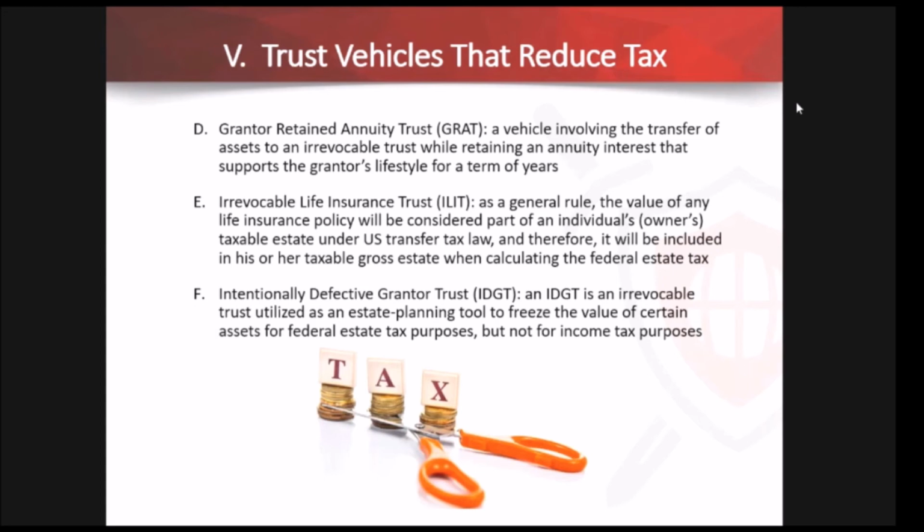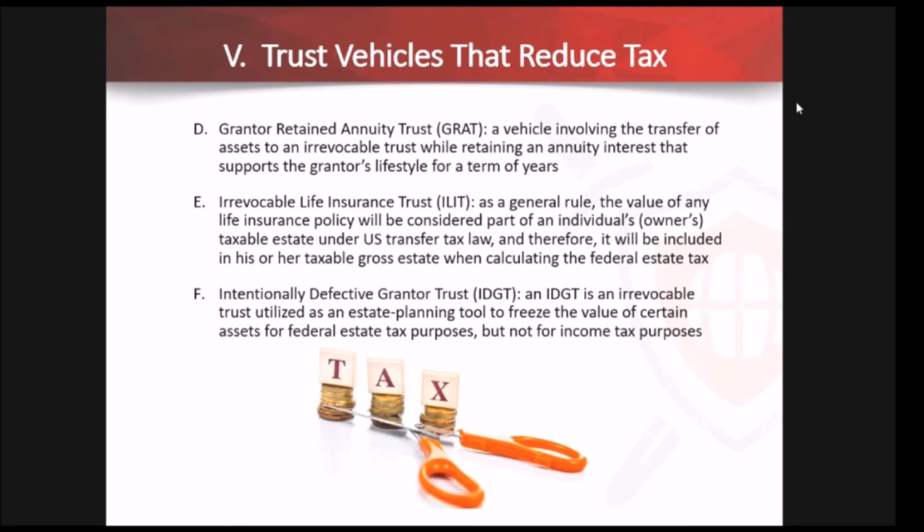But what they ended up doing is they put loopholes in the code to where a very wealthy individual could make a completed gift for estate tax and gift tax purposes, so you get it out of your estate, but you can then pay the income tax on the income inside the trust if certain powers are retained inside the trust. So it's a grantor trust. The idea is that the grantor pays the income taxes, but for estate tax purposes, it's outside of the estate.